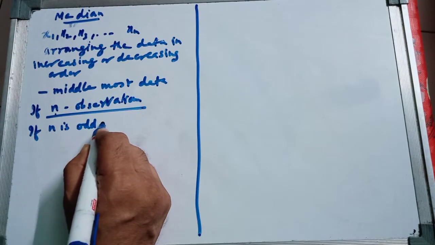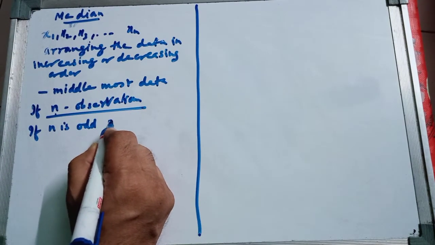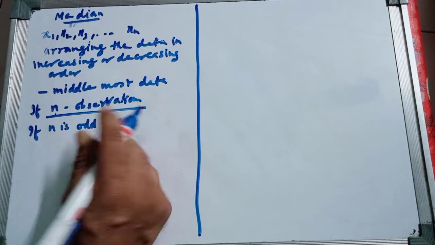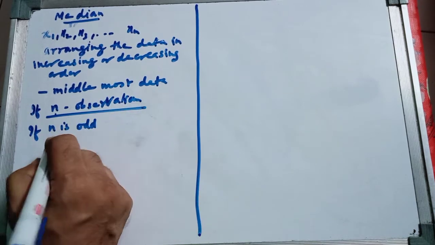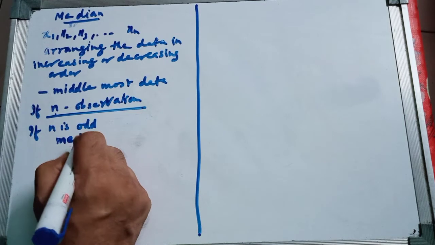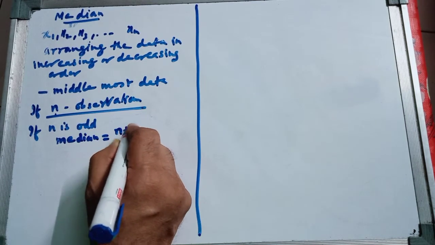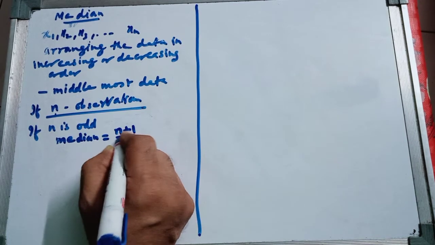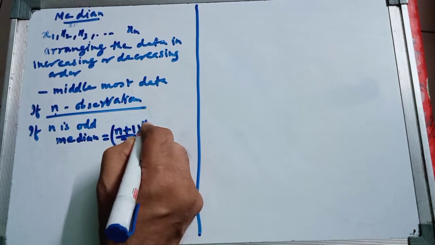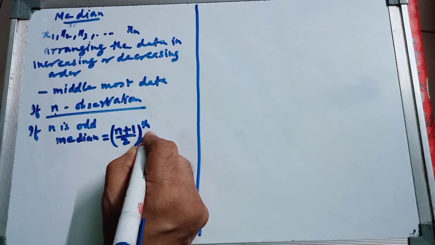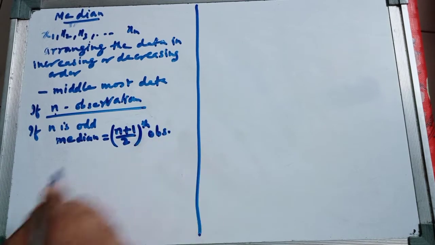That is, if n is odd, then median is equal to the (n plus 1) by 2th data or observation. That will become our median.